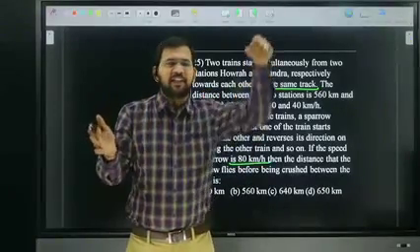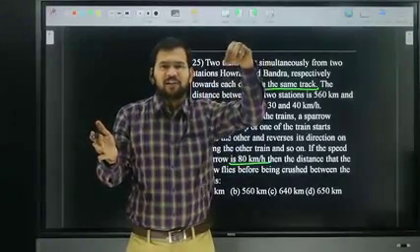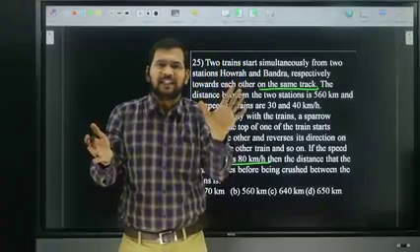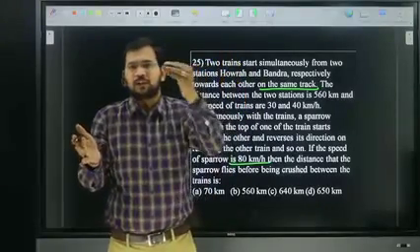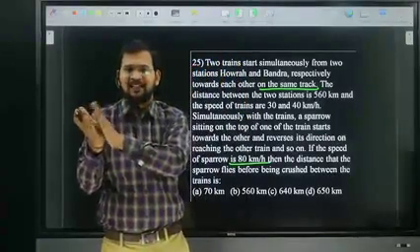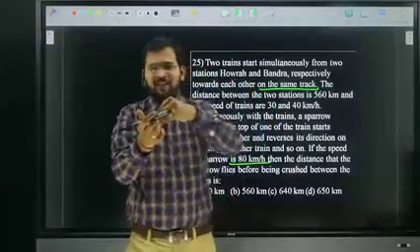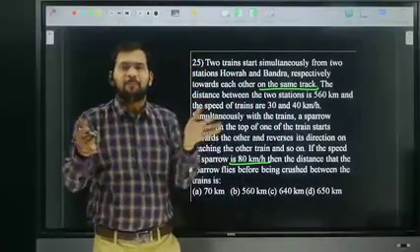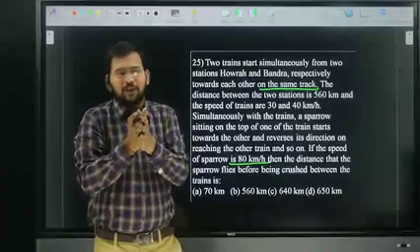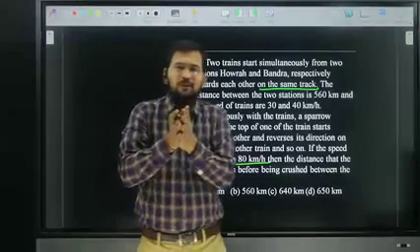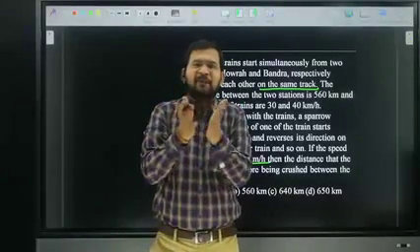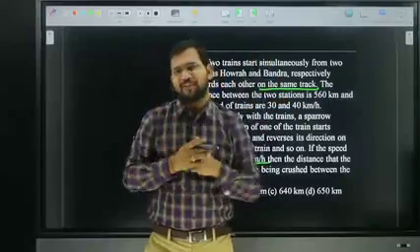A sparrow is sitting on top of one of the engines. It flies towards the other train, touches it and reverses direction. Again it touches this train, and again, till both the trains are crushed together. Whenever they are crushed together, the sparrow passes away.